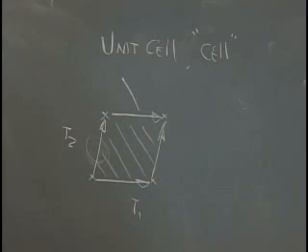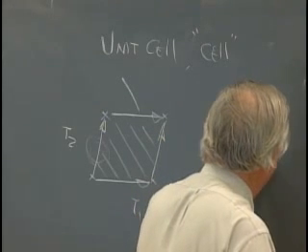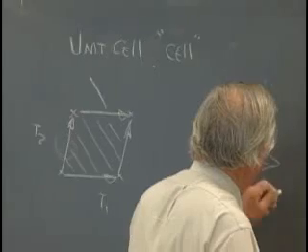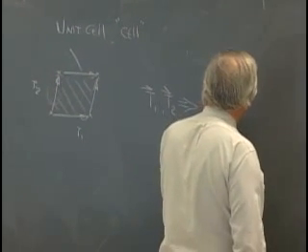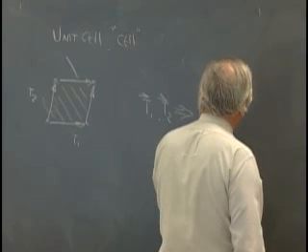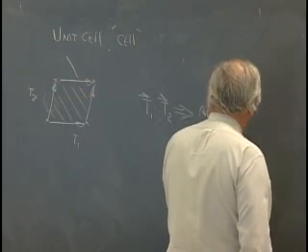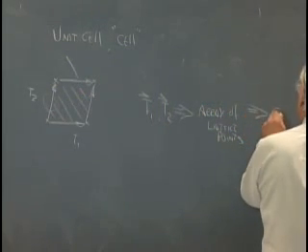And now we encounter a curious ambiguity. T1 and T2 imply an array of lattice points. In this particular choice, T1 and T2 define a cell.